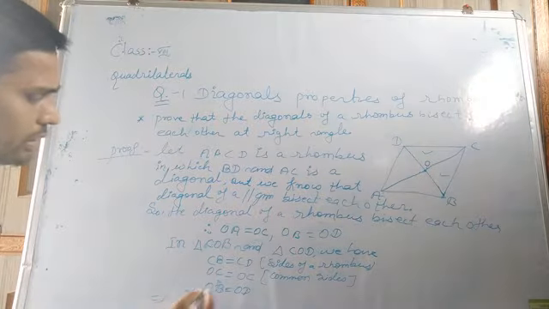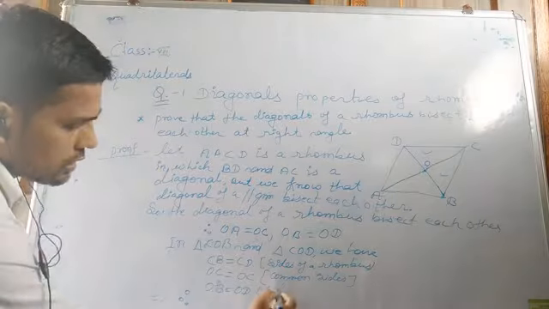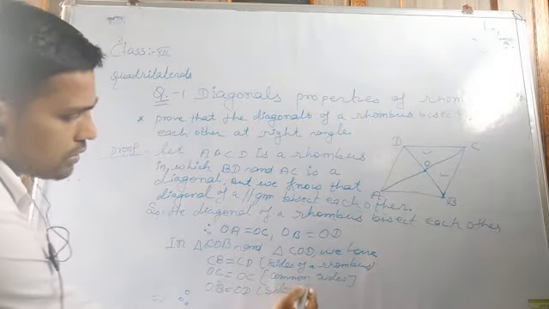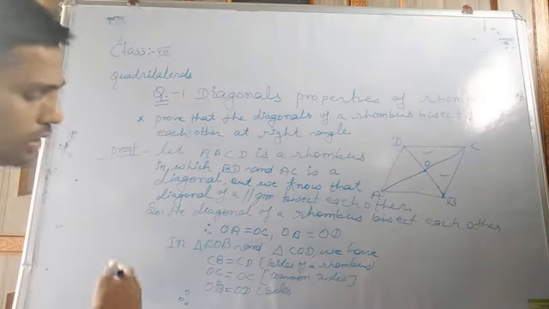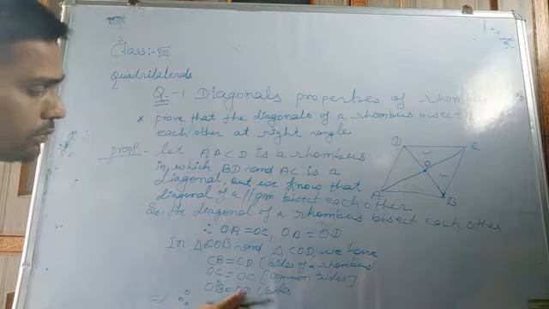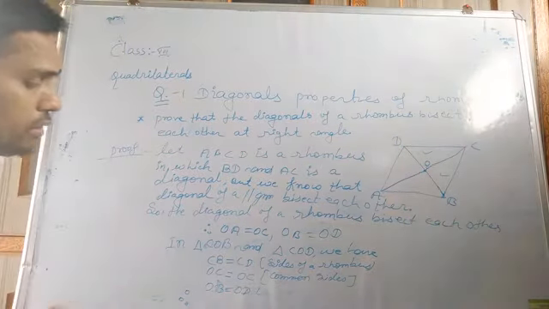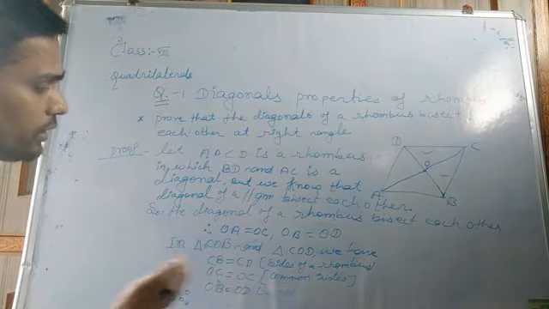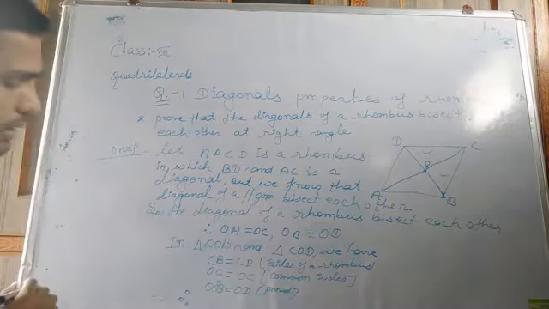Here OB and OD are parts of the diagonals, which we have proved.